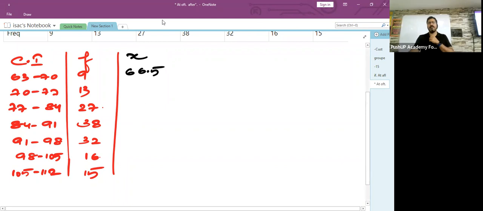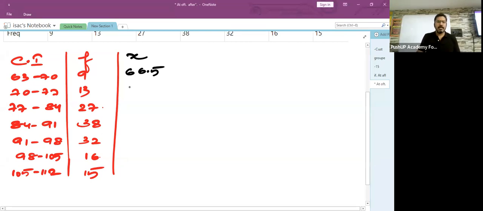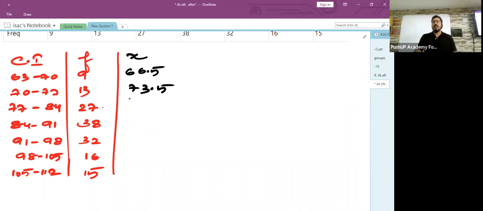Afnan, what is the mid value of 70 to 77? 70 to 77 is what? Anju? 73.5. Loka, 77 to 84. 80.5.